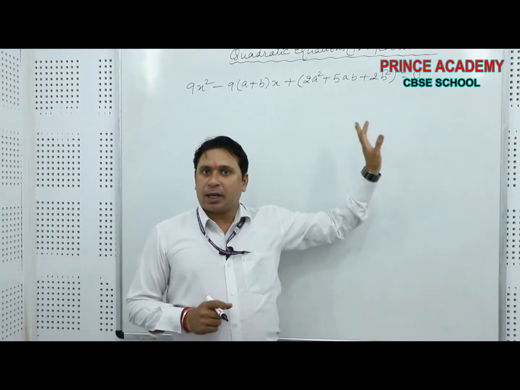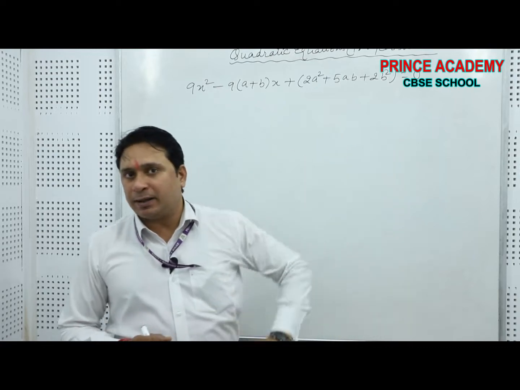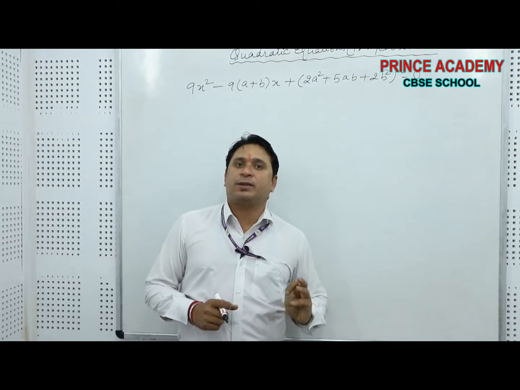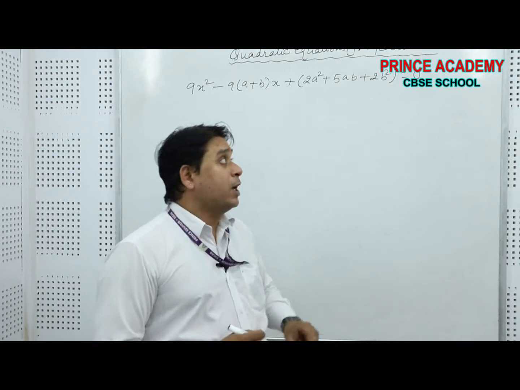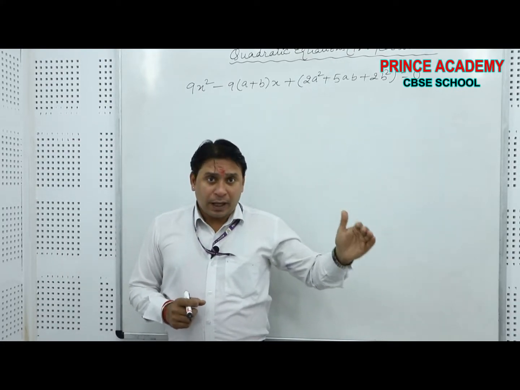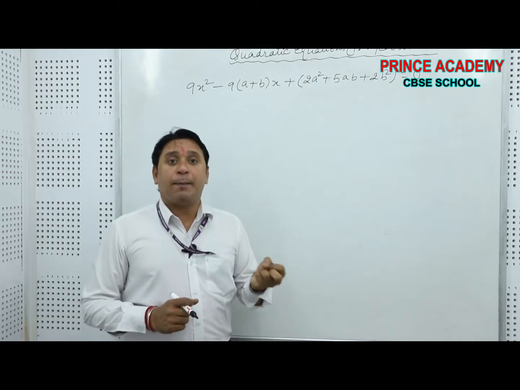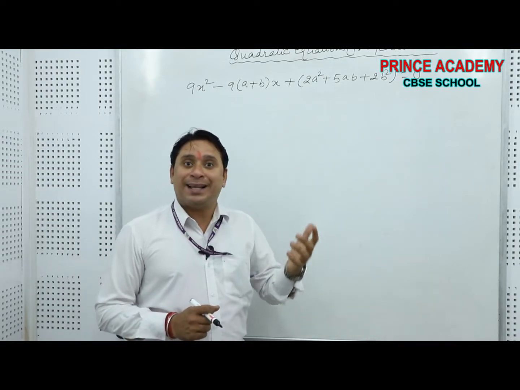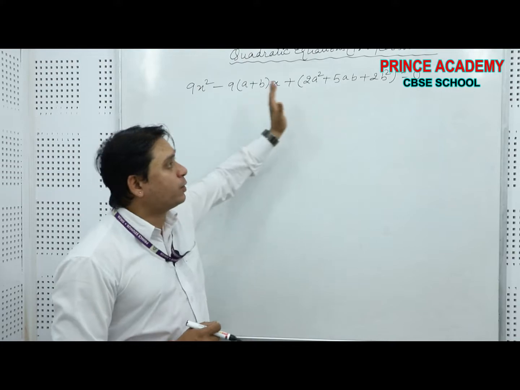this is the quadratic equation and we can solve it by 3 methods: factorization, completing the square and the Sridharacharya Sutra. But it's our choice and our ability to decide which method is most suitable for this.